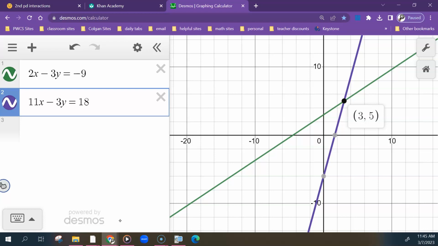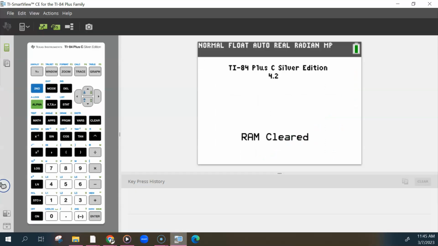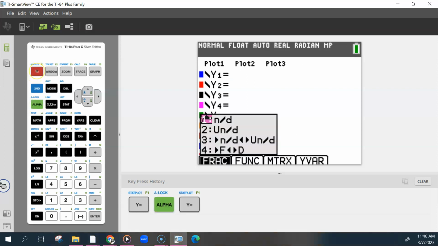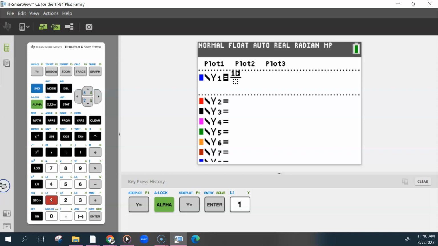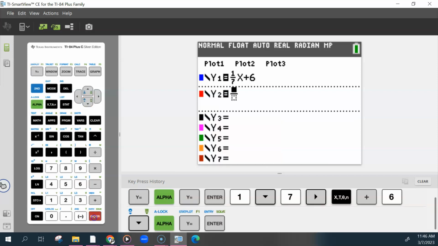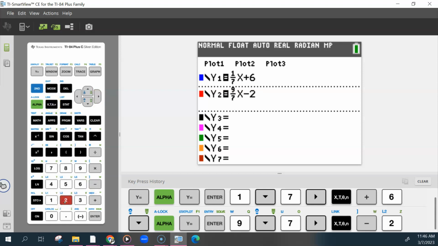For number 1, I'm going to show you how to do it in your calculator. So you would have to put both of these into your y equals. Once you have them both in your calculator, you can hit graph.